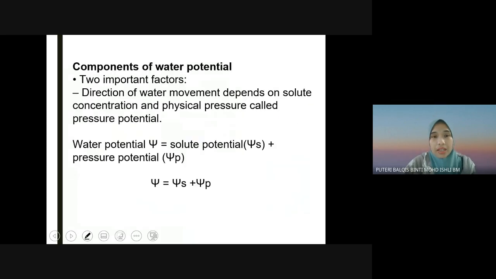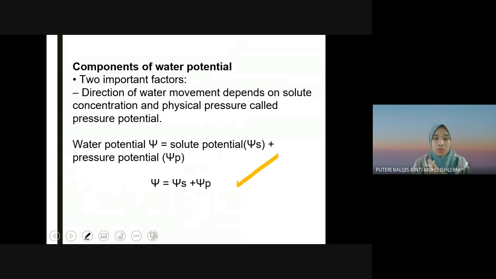Okay. Two components of water potential. This is the formula on how to calculate water potential. Kita ada solute potential and pressure potential. Kalau soalan tanya calculate the water potential, soalan tu 3 markah. First mark is when you write the formula.